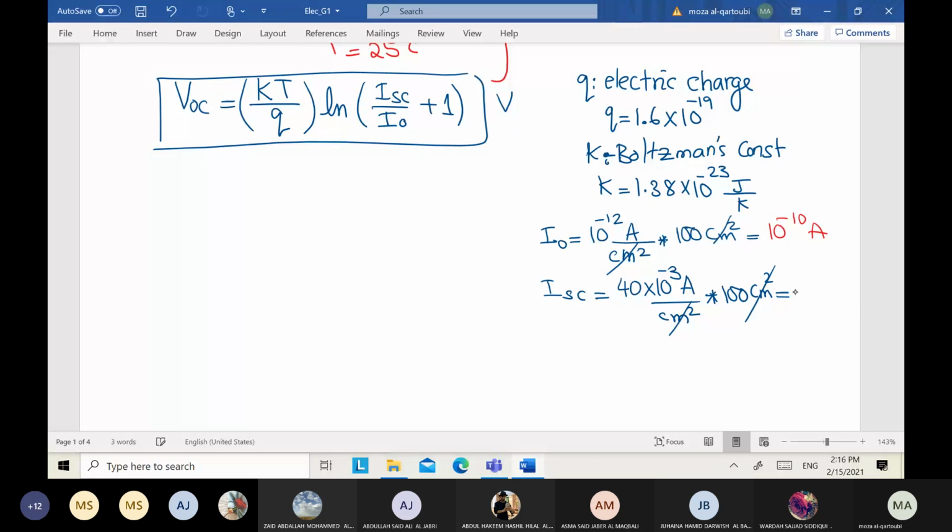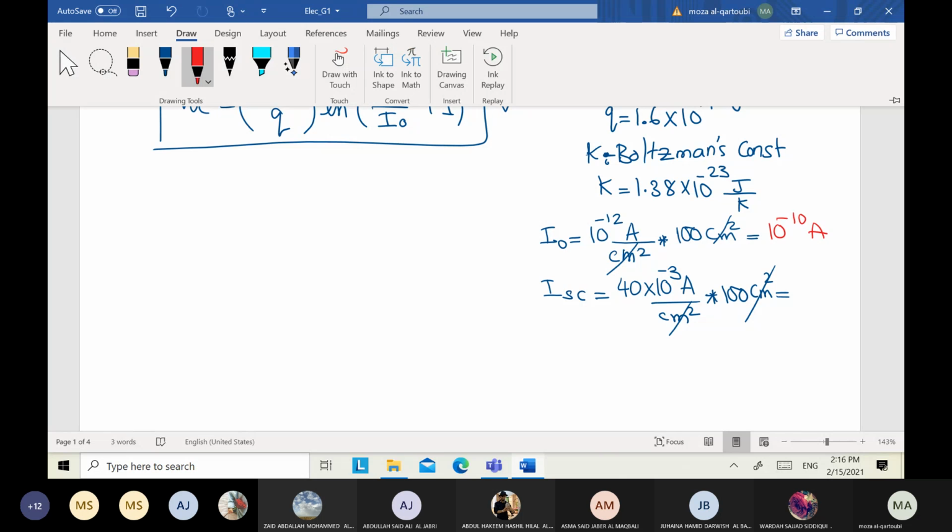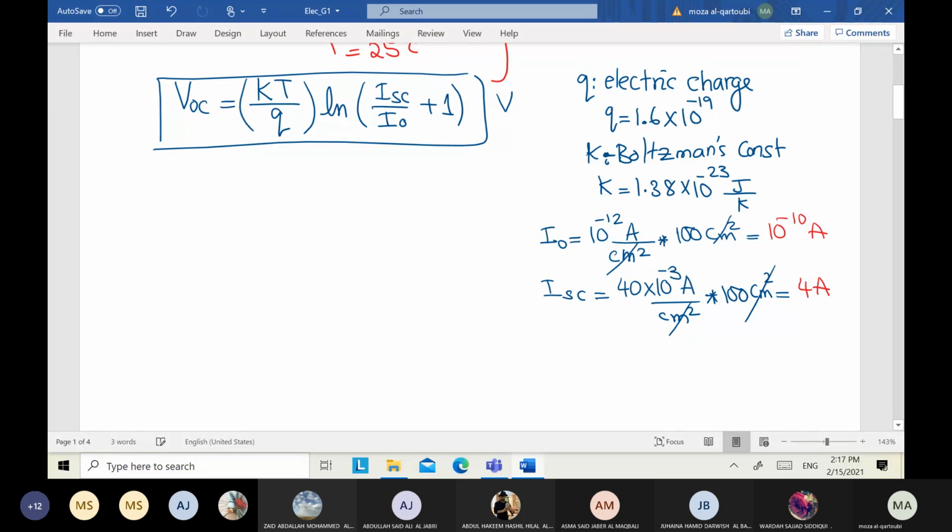Again centimeter squared cancels, and the value is in ampere. It remains only 4, because we have 10 to the power minus 3 and 100 has 2 zeros and 40 has 1 zero, so 10 to the power minus 3 cancels with 10 to the power 3, and only 4 ampere remains. Okay, clear? Do we need extra steps to change any unit?